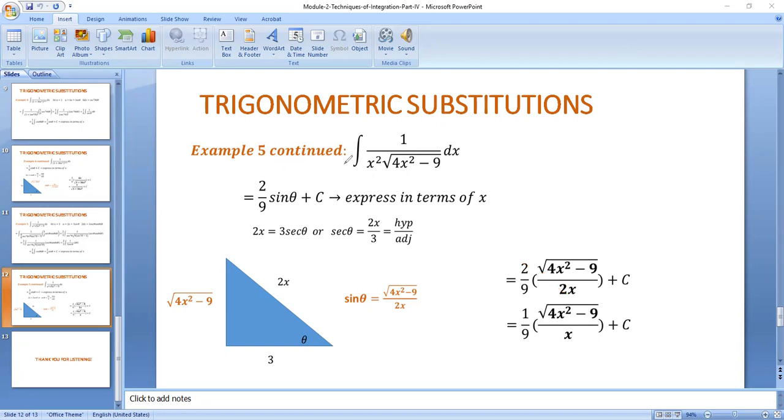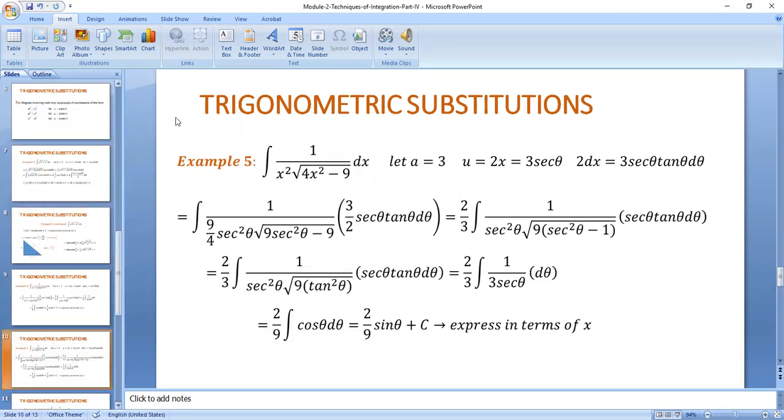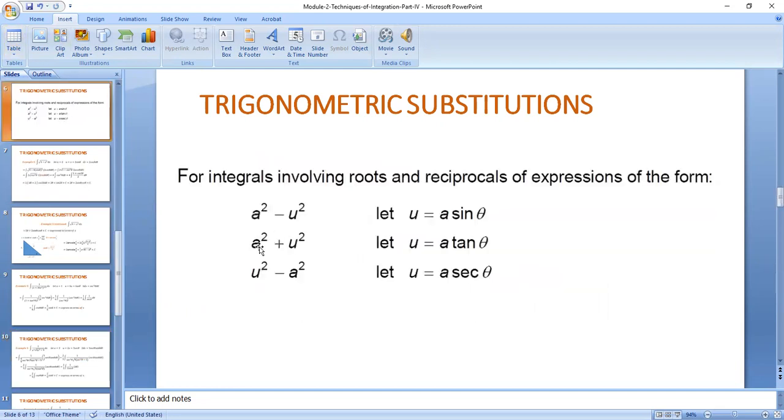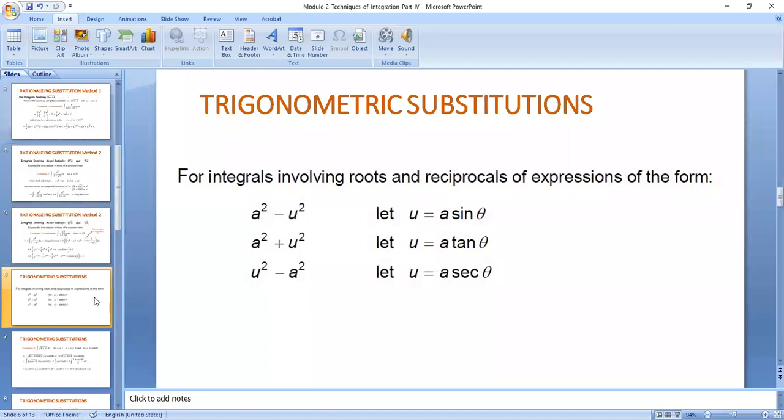So you have here the application of the three trigonometric substitution equations. These are the three trigonometric substitution equations, and the two scenarios wherein you need to apply rationalizing substitution.